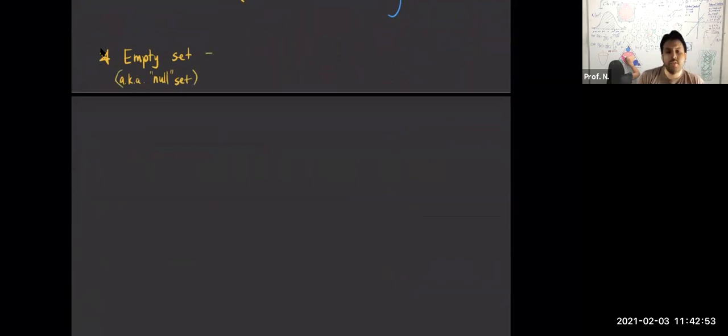The empty set is just literally curly braces with nothing in them. You can also use a circle with a slash through it to indicate the null set. It's literally the set that has nothing in it.